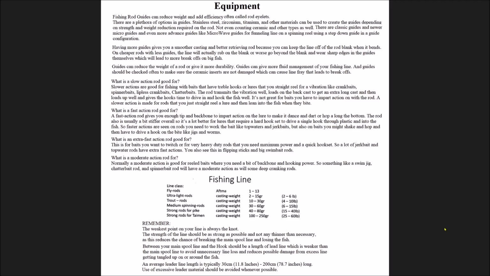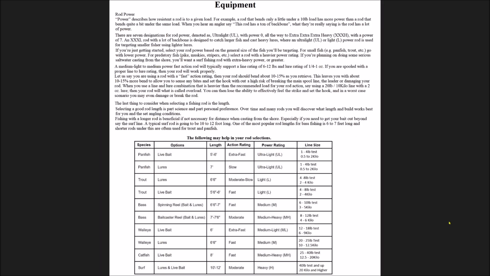An average leader length is typically 30 centimeters. It can be up to 40 inches, from 11.8 inches to 200 centimeters, 78.7 inches. Okay. Use of excessive leader material should be avoided whenever possible.